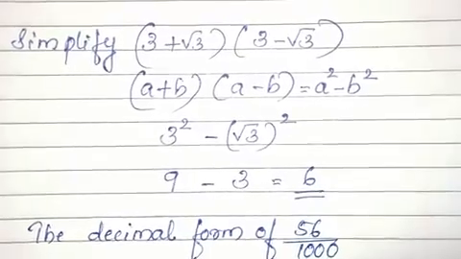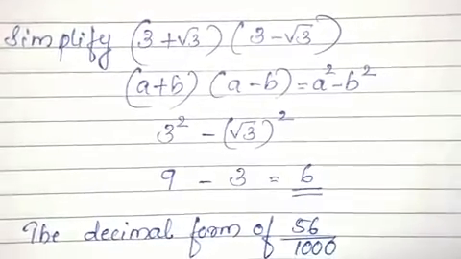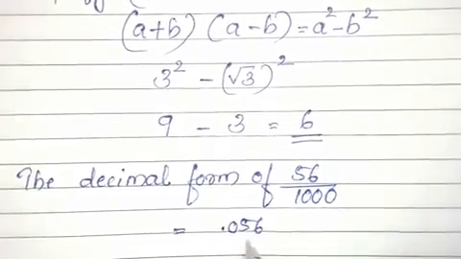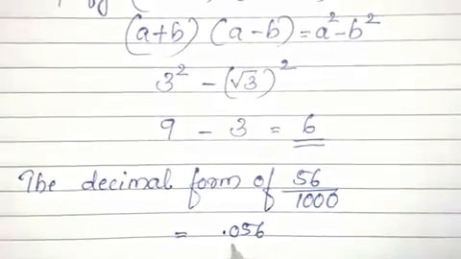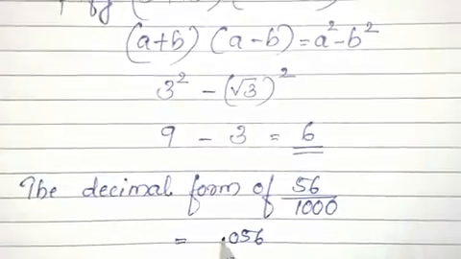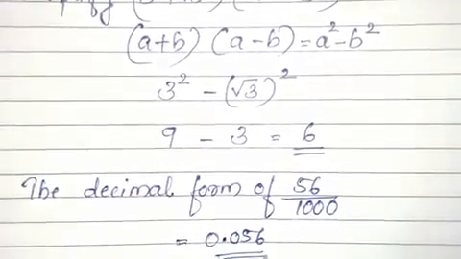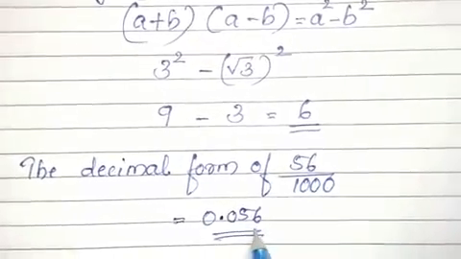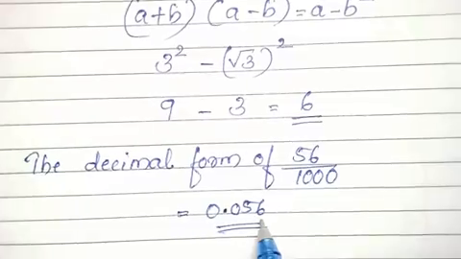Here it is 3 zeros, so we should put the decimal point after 3 places. So here 2 places is there, so we put 0 and put 0 over here and put the point over here. Understood? That means 0.056. 3 places means we should move 3 places from the right side.